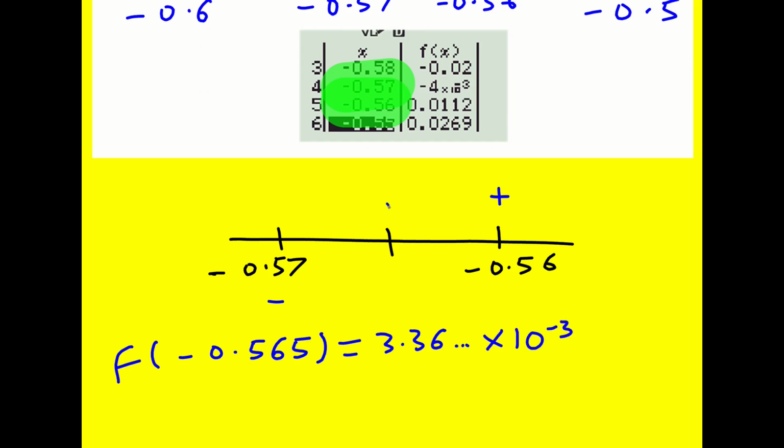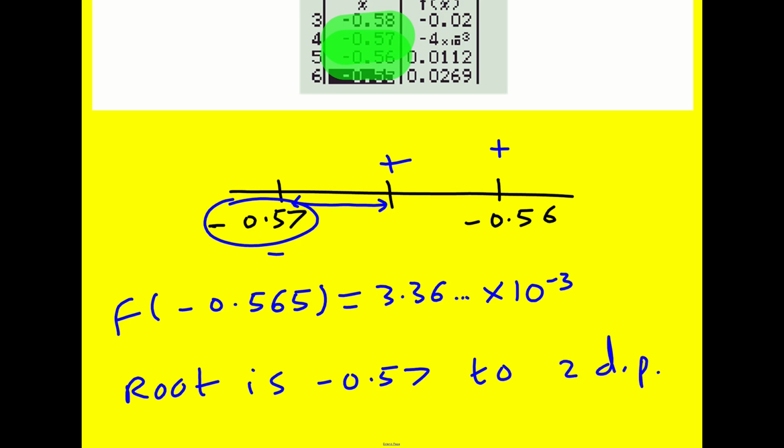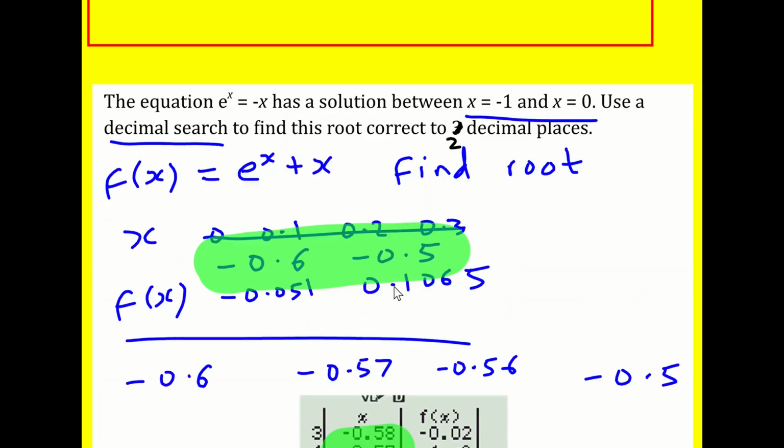So it's also positive, and therefore it's going to be in this region, it's actually going to be minus 0.57. The root is minus 0.57 to 2 decimal places. I'm glad I didn't do 3. It would just have been the same sort of process carrying on.